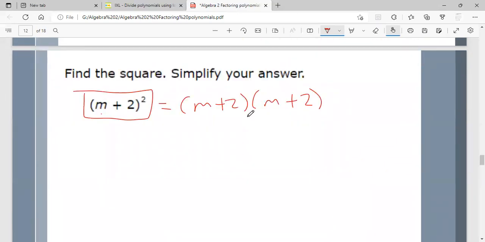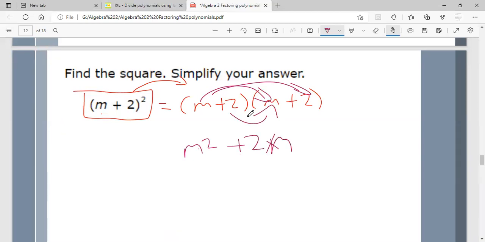So let's go ahead and find the square. To do that, we got to go from here to here. But now we have to use our foiling method that we know to put it in the standard quadratic form. So let's do that. So m squared plus 2m, plus another 2m plus 4.